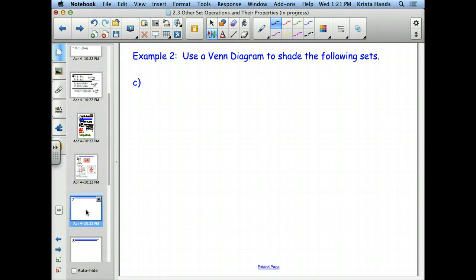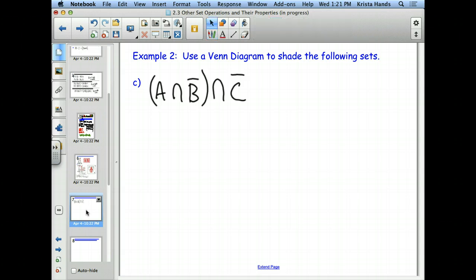This one's a little bit more complicated. I'm going to do A intersect B complement intersect C complement. Okay, so somebody lead me through. What am I going to do first? Draw a diagram. So I need a rectangle, right, Audrey?